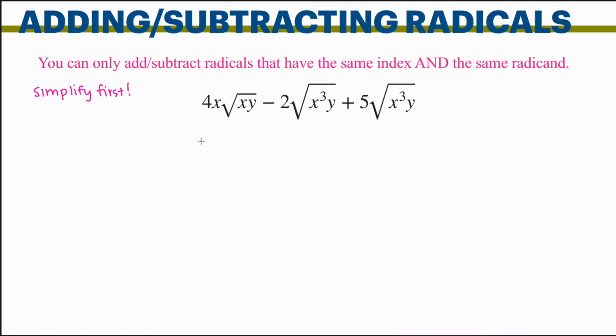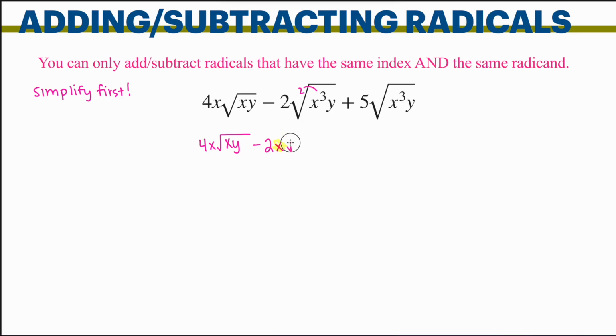You cannot simplify this anymore, so I'm just going to bring it down. Now in this case, this is a square root. Exponents you would divide into. So 2 goes into 3 one time perfectly. So I can now bring one of these x's out perfectly.